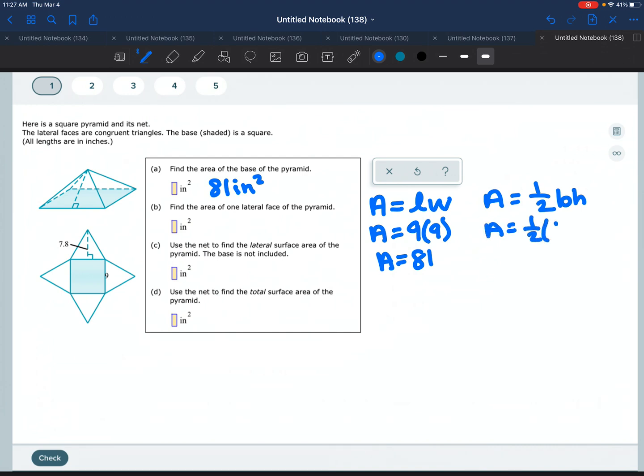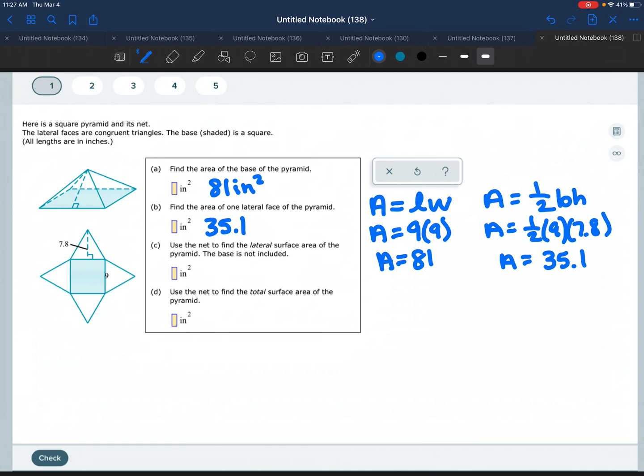So we're going to say 1/2 times 9 times 7.8. Somebody do that in your calculator for me, please. 35.1. So we found the area of one lateral face.